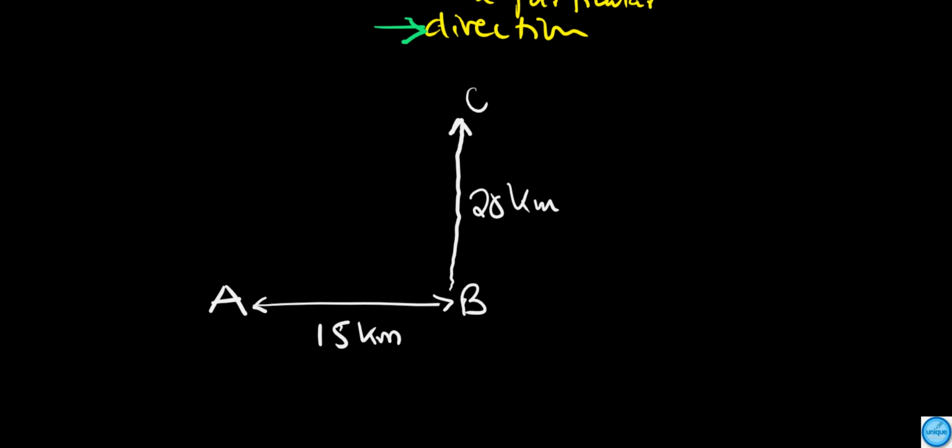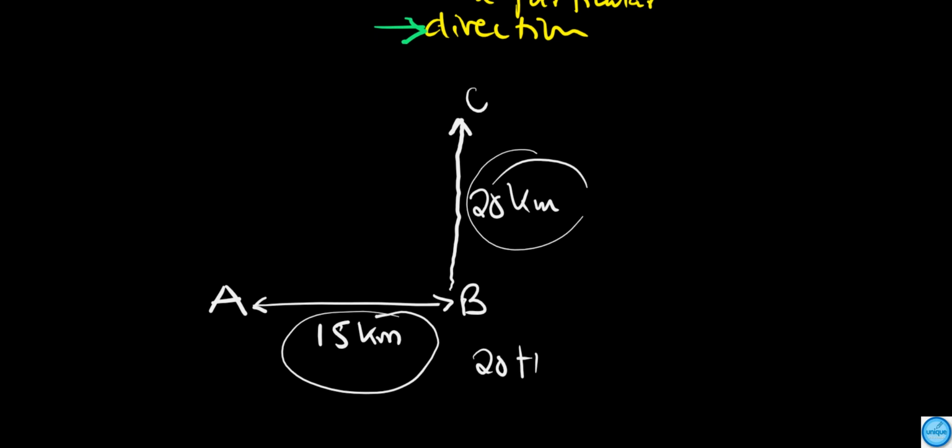What is the total distance here? Total distance is the sum of distance AB and BC. If we add 20 kilometers plus 15 kilometers, that will give us 35 kilometers. That's the total distance.